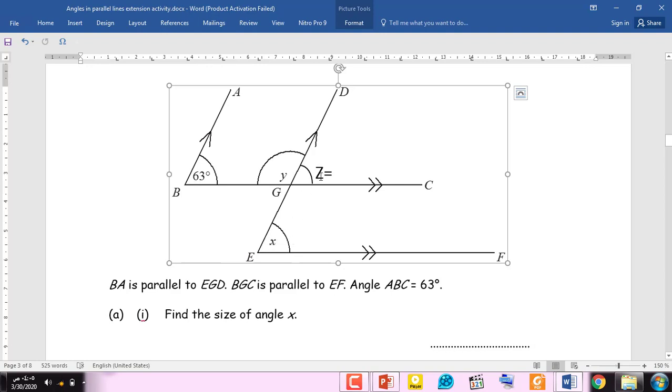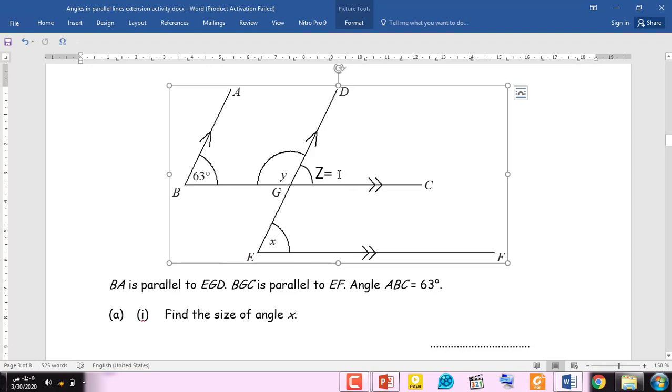Because X and Z, or I can say DGC angle, or I can give it a name just to make the solution easier when I write the angles. It is easier to write Z angle more than DGC. So the Z angle is actually equal to the X angle because I can make F shape, but the F shape here is actually upside down.